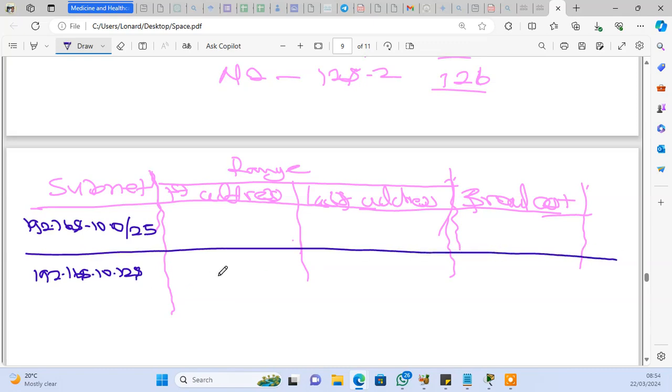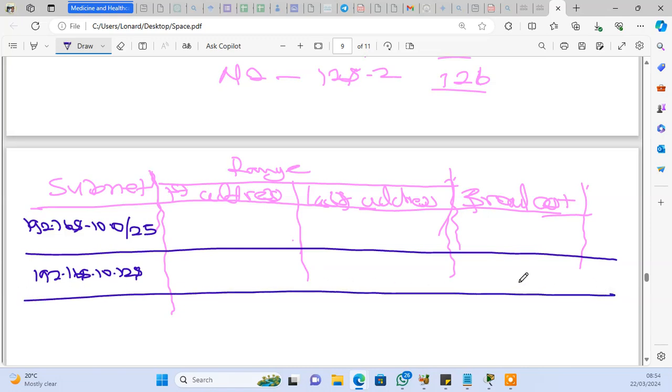So if I want the broadcast, since I have the next subnet here, I will subtract 1. If I subtract 1, automatically I will get 192.168.10.127.